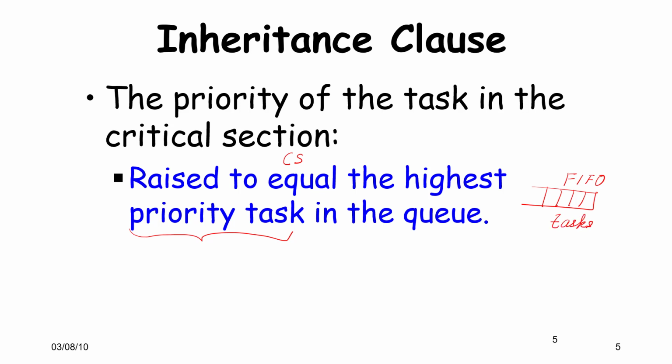Okay. So basically, the point is that if we look at all the tasks in the first in, first out FIFO queue, and we look at the priority of every single task, then we raise the priority of the task that currently has the resource to the maximum priority within this queue, such that, in line with our philosophy, the task completes sooner, but along with that, it does not get an undue advantage over other tasks, which again have a higher priority but are not waiting for that resource.